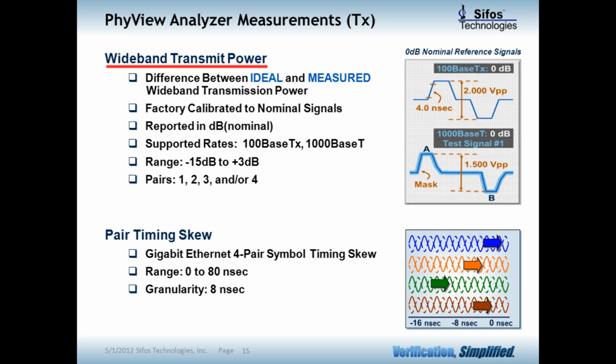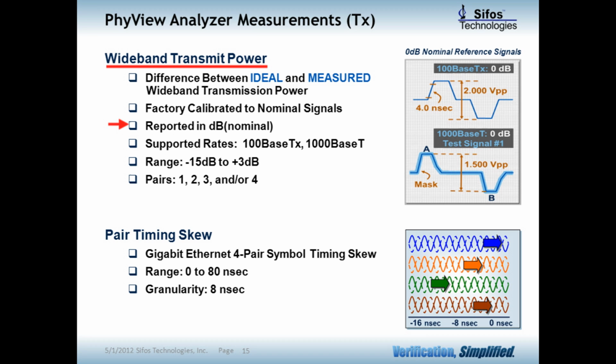Wideband transmit power is a measure of the total incoming signal power on a transmitting pair. More specifically, it reports the difference between ideal and measured wideband transmitted power. This meter is factory calibrated to perfectly nominal, mid-specification, middle of the mask 100 base TX and 1000 base T transmission signals.